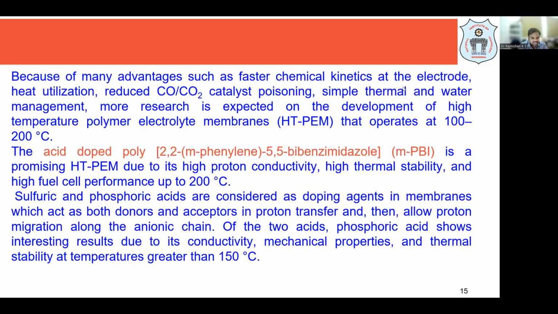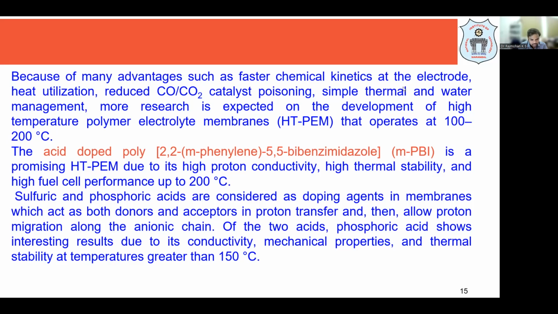Among various acids tried, it was reported that sulfuric acid or phosphoric acid are the doping agents in the membranes, which act as both donors and acceptors in proton transfer and allow proton migration along the anionic chain. Among these two acids, phosphoric acid has shown interesting results because its conductivity, mechanical properties and thermal stability at temperatures greater than 150 degrees Celsius are better.